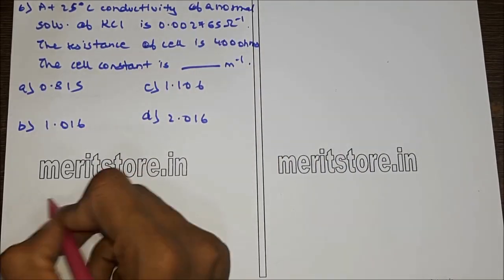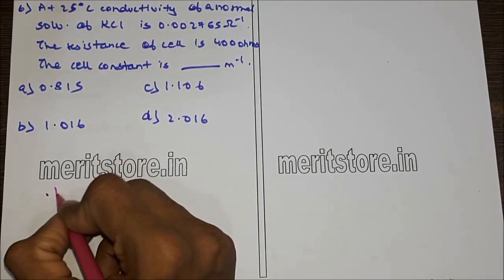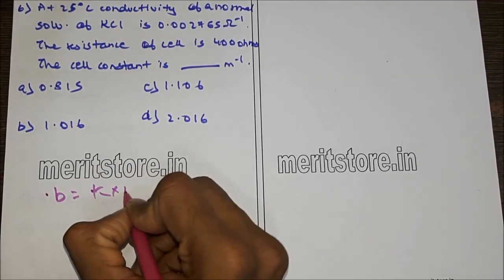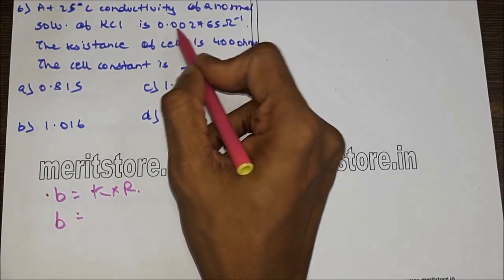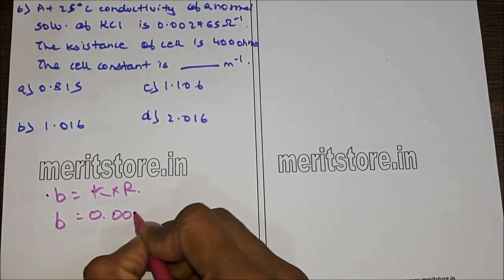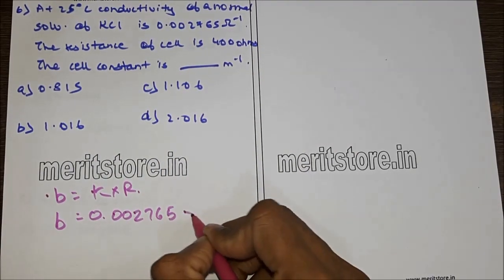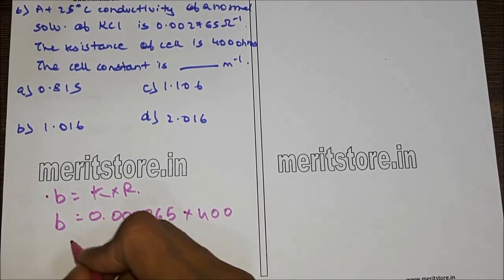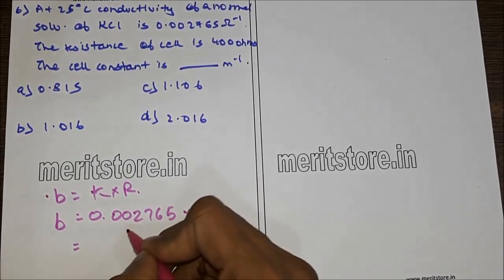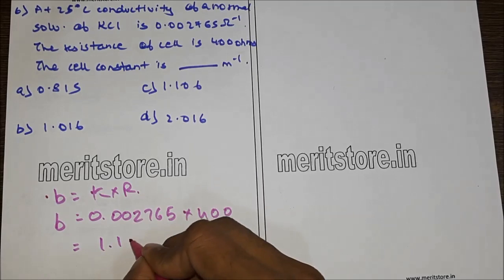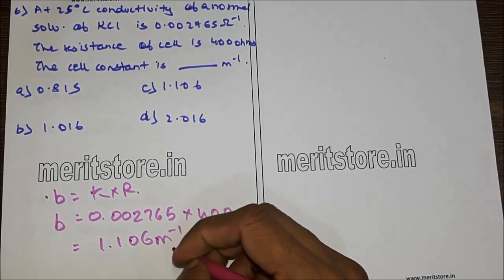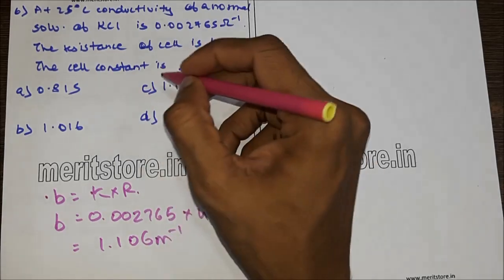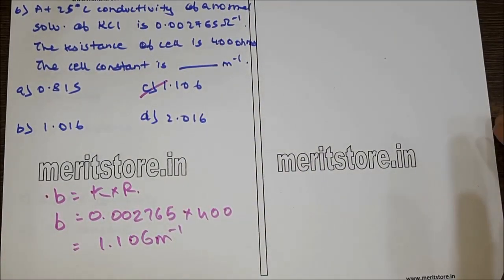The cell constant can be given as B equal to K into R. Substituting the values, we have 0.002765 into 400, our resistance. Solving this, we get 1.106 per centimeter, and our answer matches option C. Therefore, option C is the correct answer.